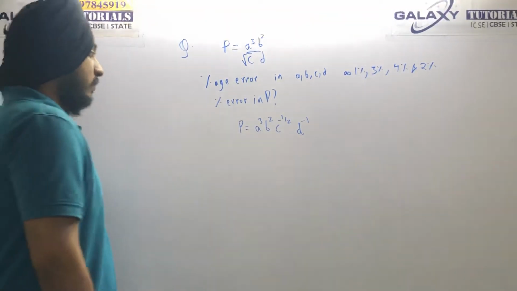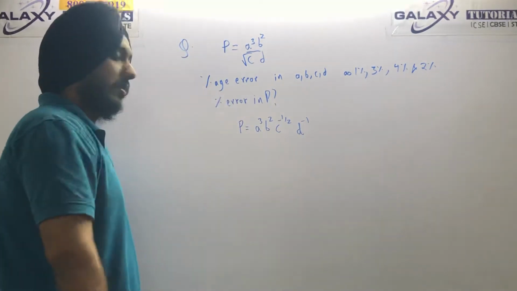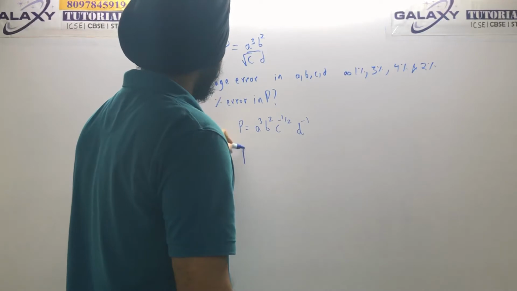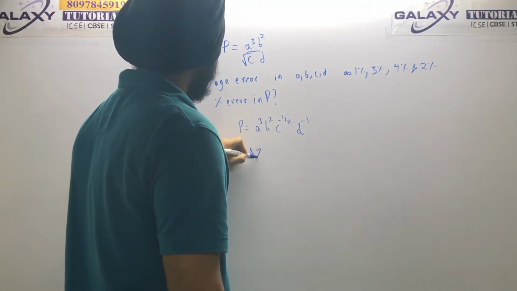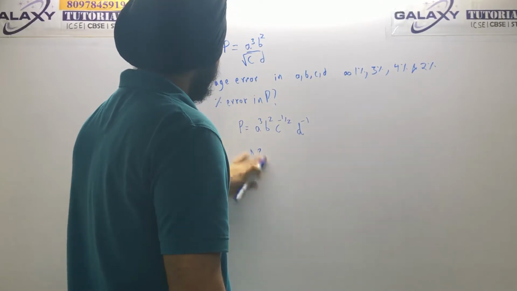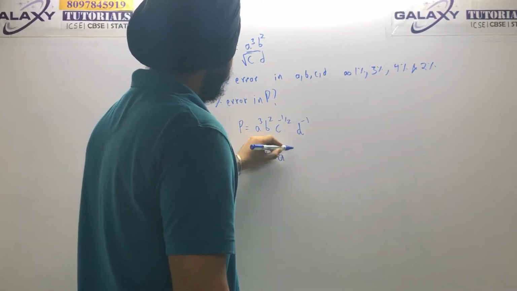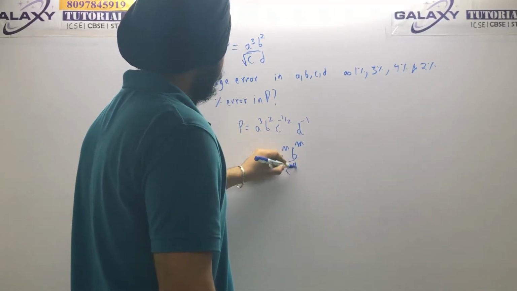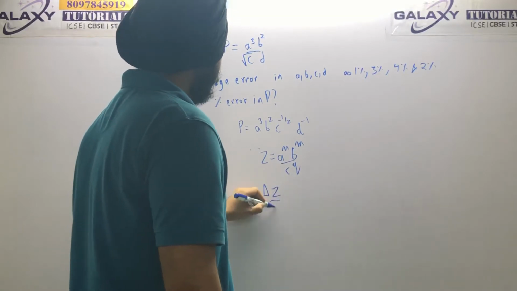Now you have to find the percentage error in P. So what will be the formula? You will use this formula that I have told you earlier. We have done this formula before. The formula was something like this.